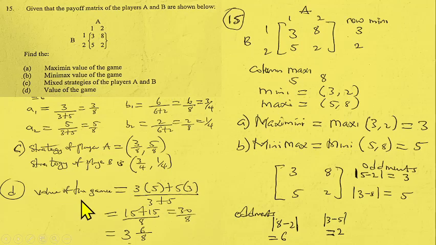I'll come again. The value of the game will now be 3 multiplied by 5 plus 5 multiplied by 3 divided by 3 plus 5. This is not the only way I can get the value of the game.